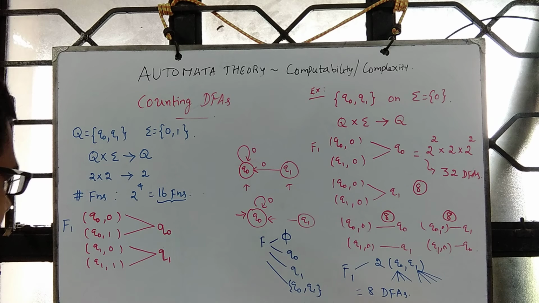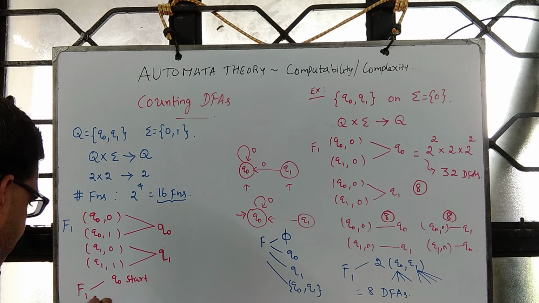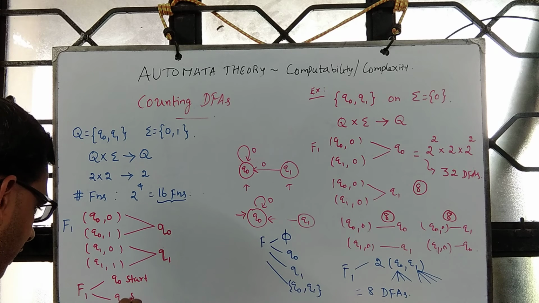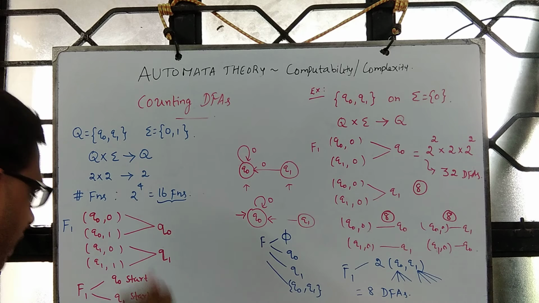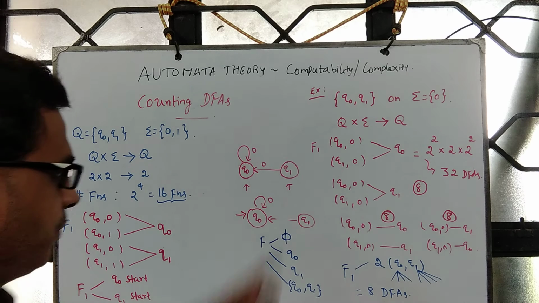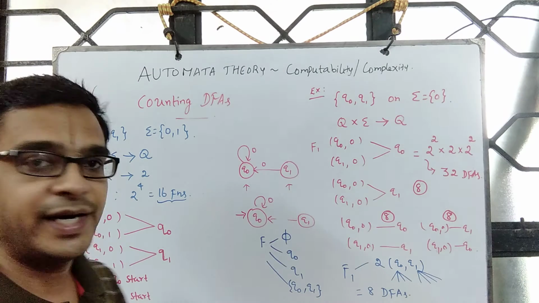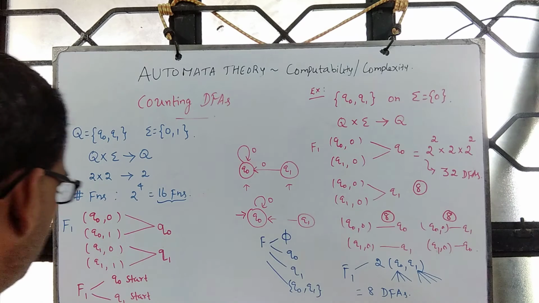Now from this function we get 2 DFAs. We get one in which q0 is the start state, and the other one where you start at q1. Very similar to what we did here, each element in Q is a candidate for the start state.